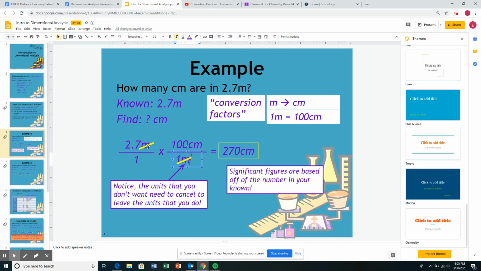So we want to diagonally align our units such that we can cancel out what we have. And these little slashes show us that meters and meters can be canceled. So we have 2.7 meters times 100 centimeters equals 270 centimeters. And this is our find. We found the answer, 270 centimeters.